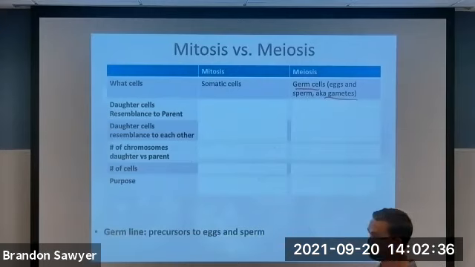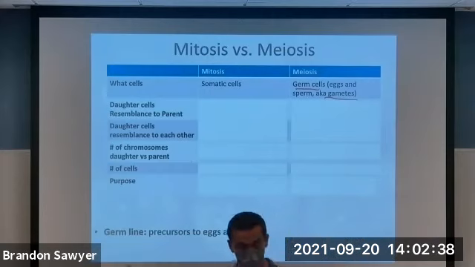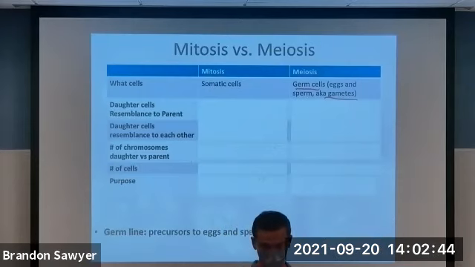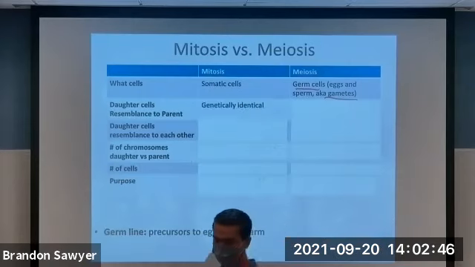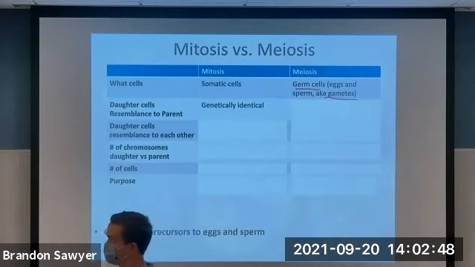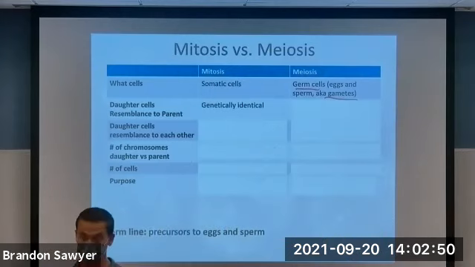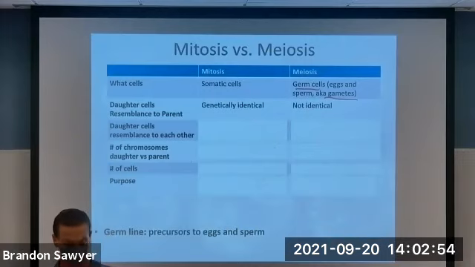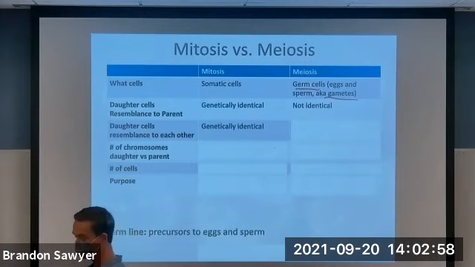Then we have this term daughter cell, which would be the 2 cells that are there after cell division happened, versus parent cell, which would be the cell that it started with. Daughter cells are genetically identical to the parent cell in mitosis, but in meiosis they're not. Daughter cells' resemblance to each other: genetically identical in mitosis, but in meiosis not.